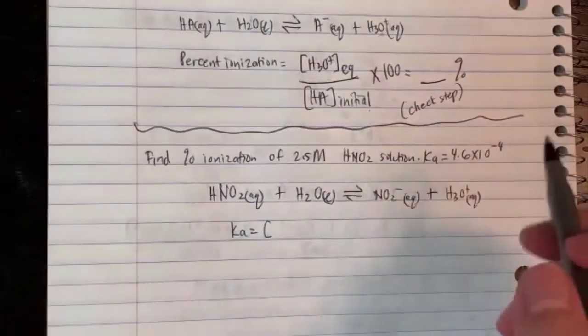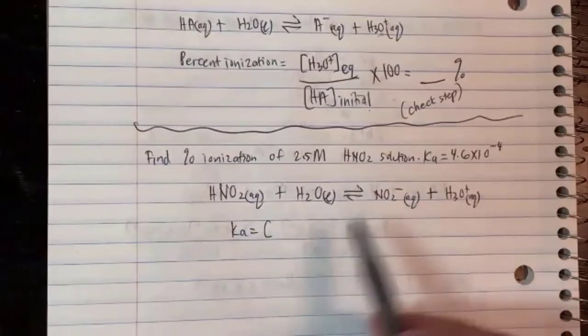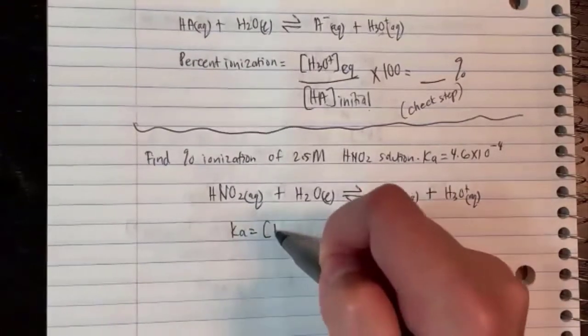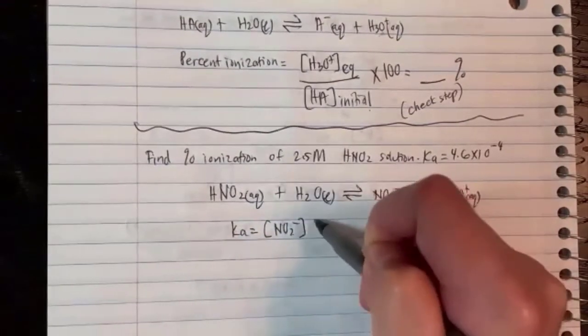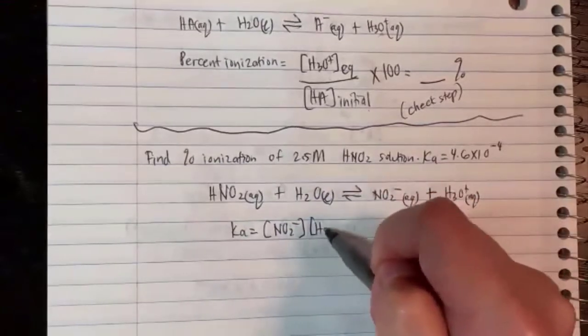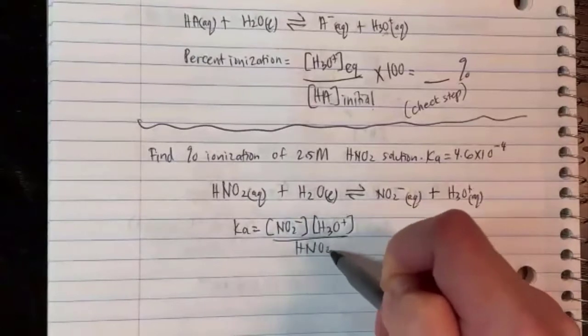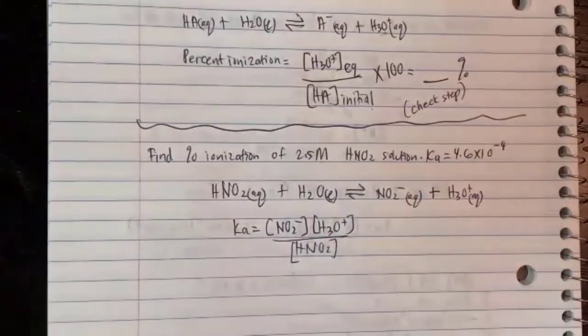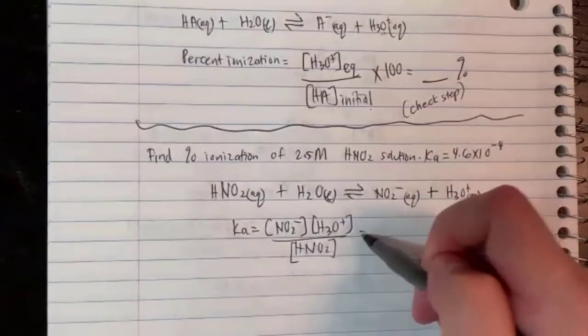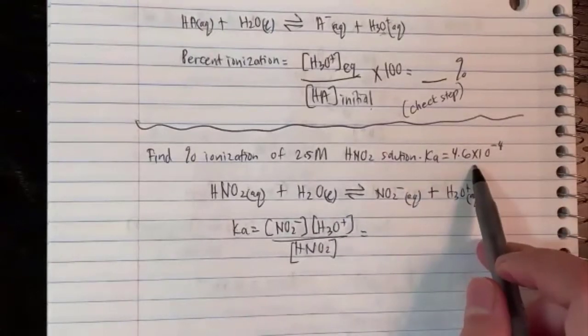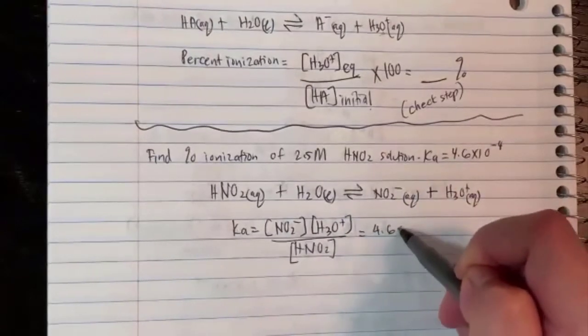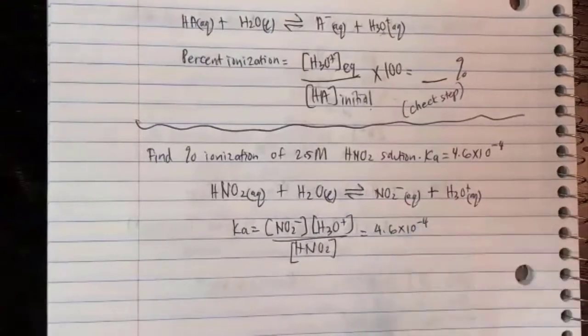Remember, the equation has hydronium, so Ka will have hydronium in it. So it's NO2 minus times hydronium ion over HNO2, and we drop water because it's liquid. And that equals my Ka here, which is 4.6 times 10 to the minus 4.